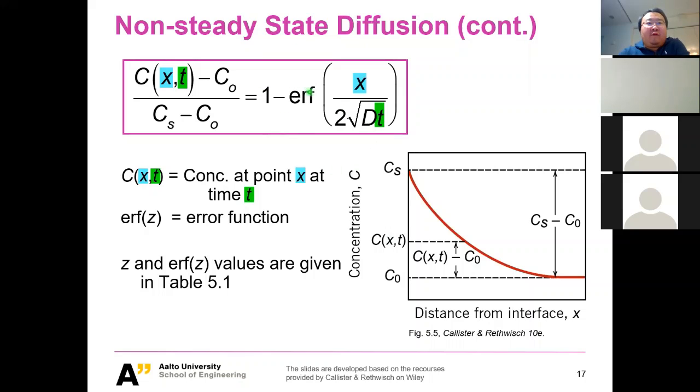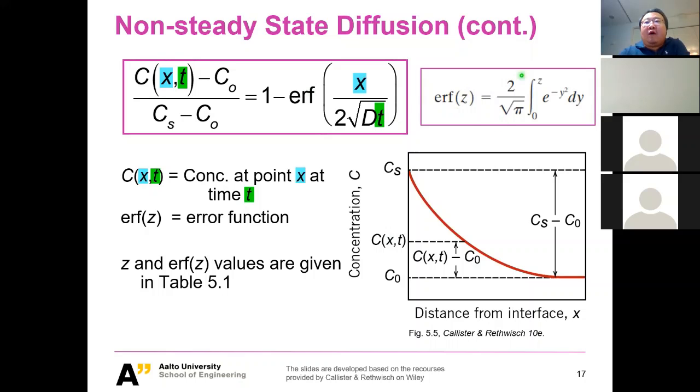If you know what this is, the error function is used very much in statistics, and I can show you how it looks like. The error function itself is an integral. It's an integral of such an equation, e to the power of minus y squared. If you integrate this from 0 to z, you get this error function.